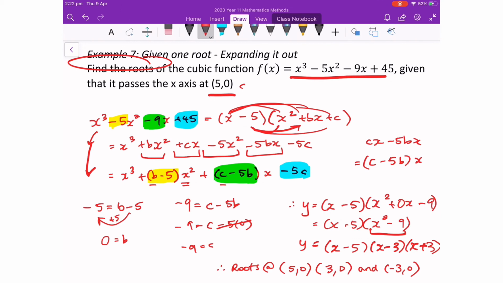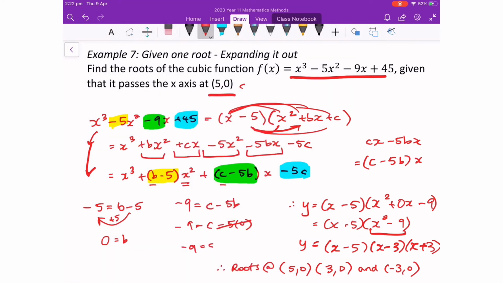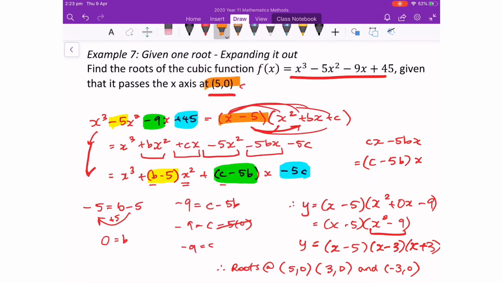Alright, there were quite a few bits and pieces there. Let me just quickly run through what we've done so that you have a better understanding. What we did was make the expanded version equal the factorized version, and I had one bracket sorted already. Then I had the x squared plus bx plus c to help me figure out my coefficients for x and the constant. So I expanded that out, and I matched the coefficients from the left and right hand side.